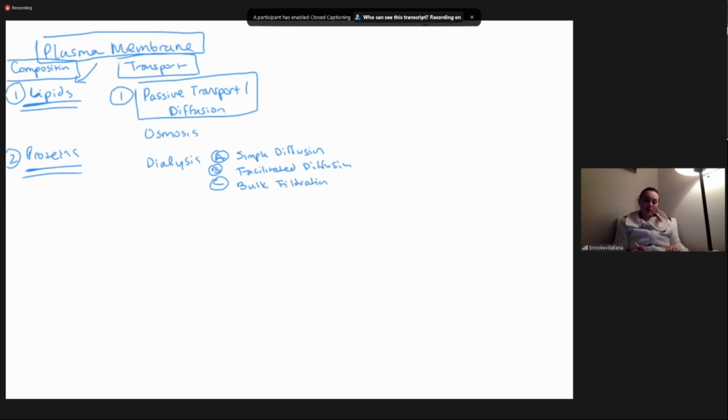Those are the 3 subtypes. Okay, and we'll just do 1 and 2. And then for active transport, right, we had exo and endo. And we'll go into the 3 subtypes.